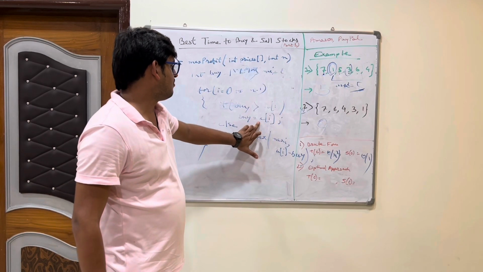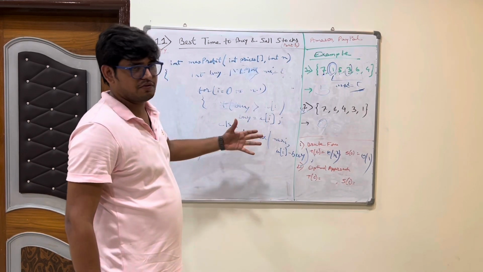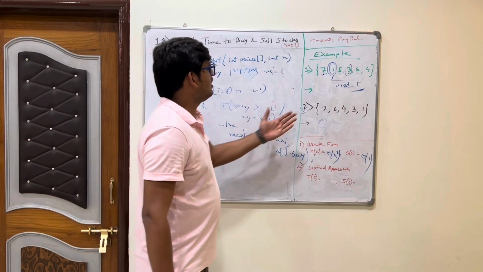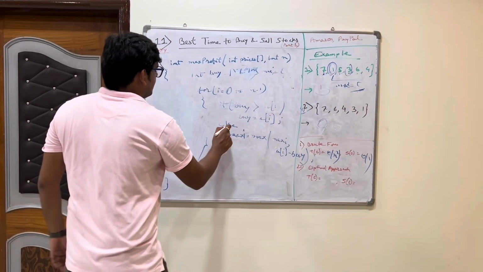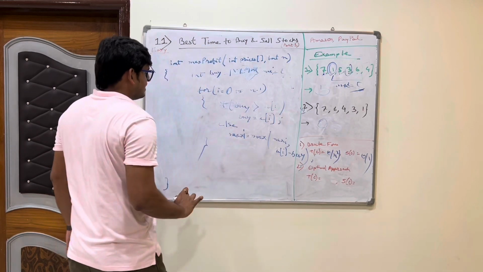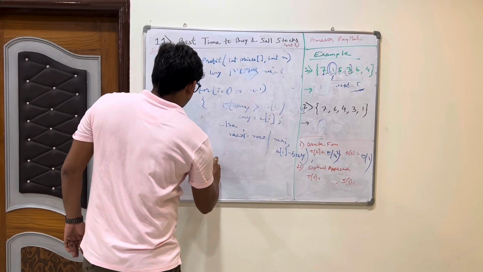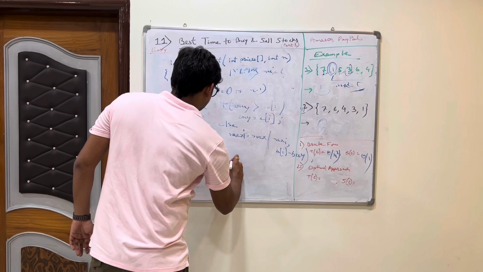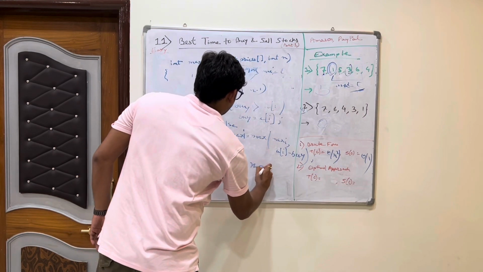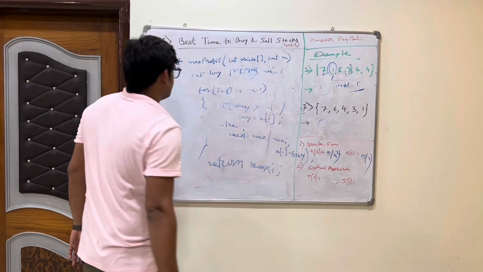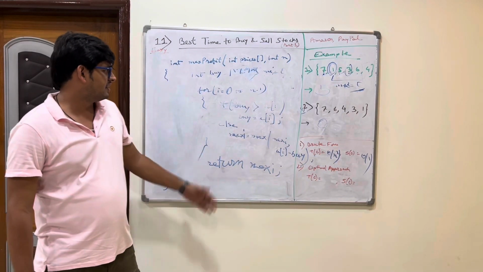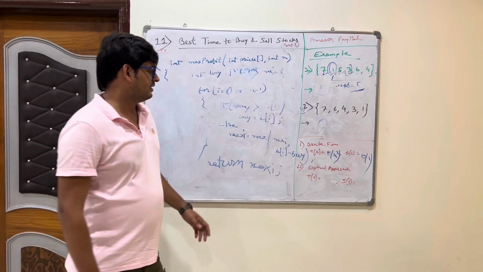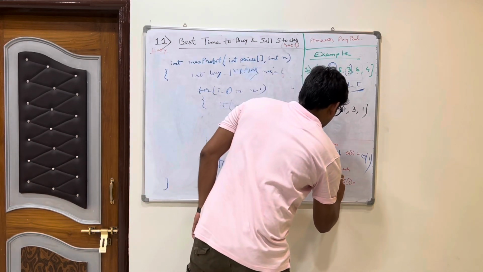But then it will come over here, it won't go over there. It is fine, because we are not going to sell it again, right? So there is no issue with this. We can write it as else. This is the correct logic, and we can return this max. So this is very simple. The time complexity for this is order of n, and the space complexity is order of 1.